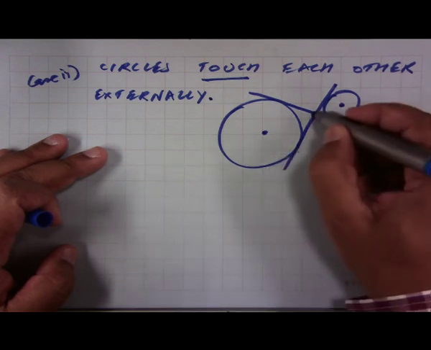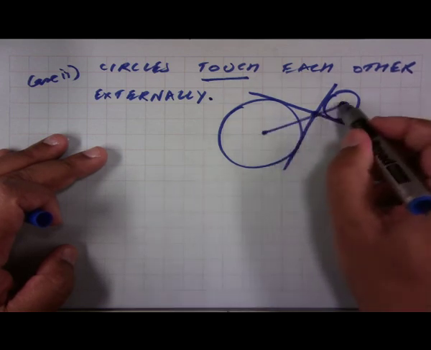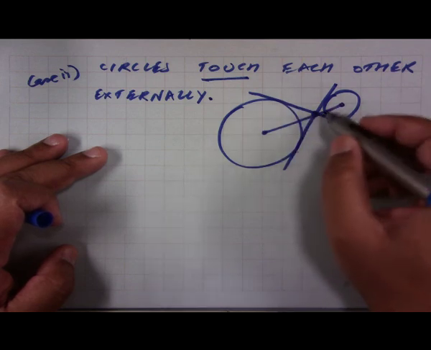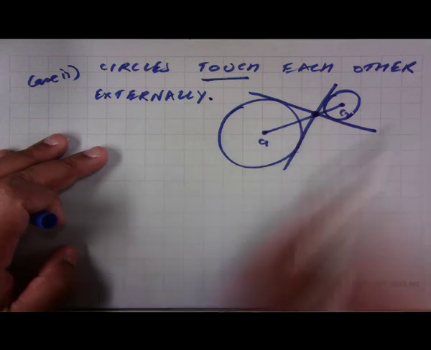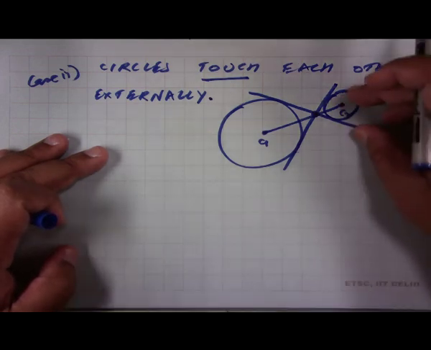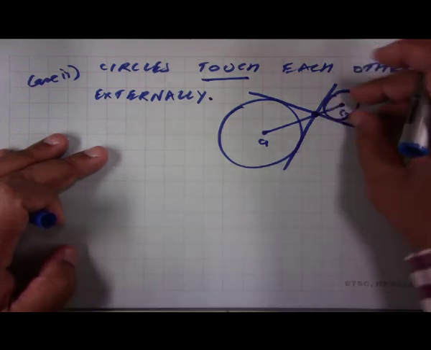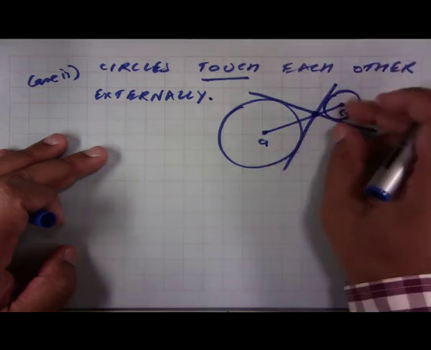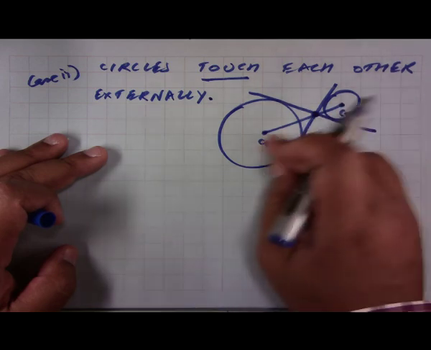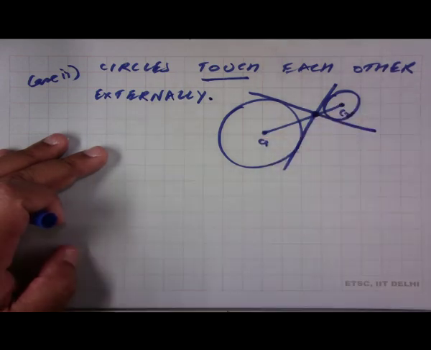This was the point of intersection of the transverse common tangents with the line joining the centers of the circle. Now, what if we start moving this circle towards the first circle along the same line joining the centers?